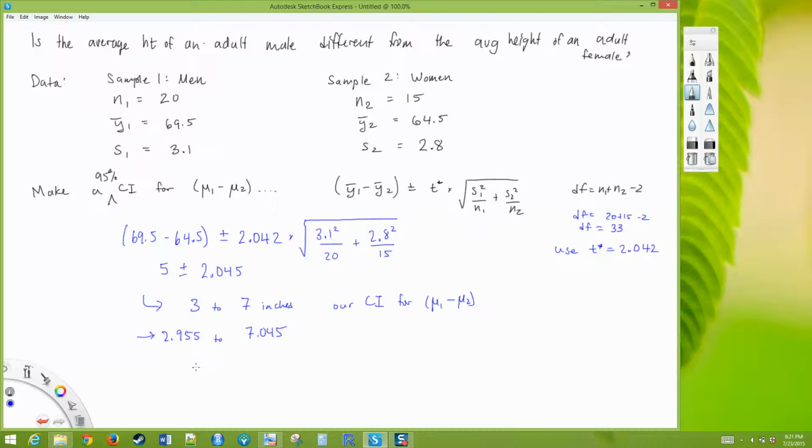There's a few ways we can phrase this, but one way is I can say I am 95% confident that the mean height of men is between 3 inches and 7 inches higher than the mean height of women.